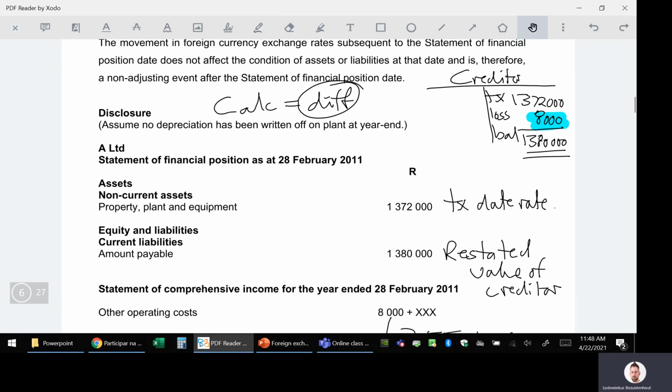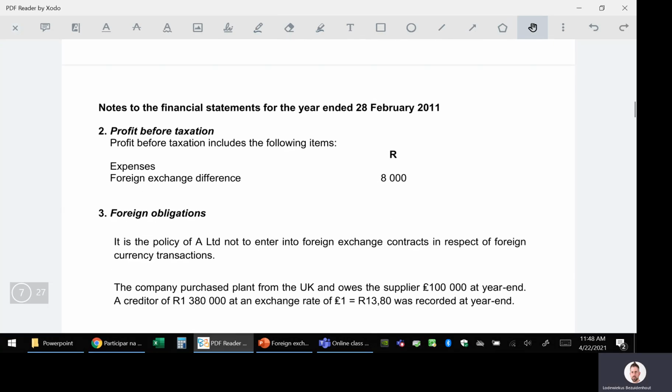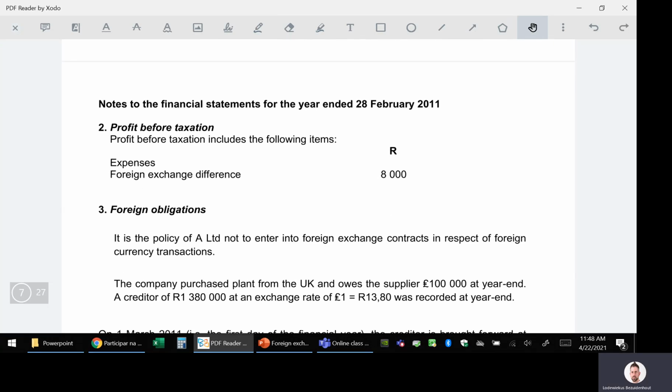Because we owed more at year end, we had to credit the creditor and debit foreign exchange loss. Then we have to disclose in the profit before tax note any foreign exchange differences. Under expenses, you would show foreign exchange difference of 8,000.